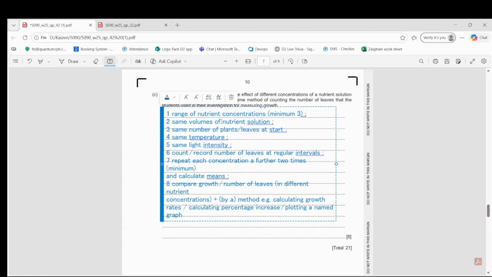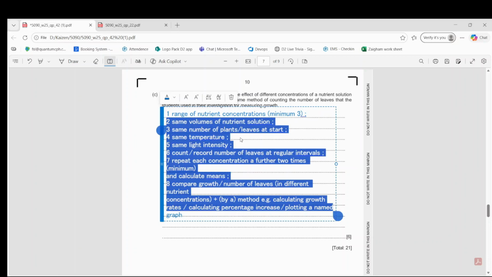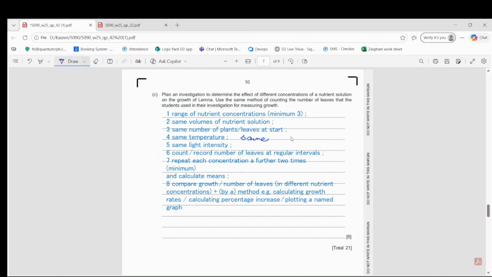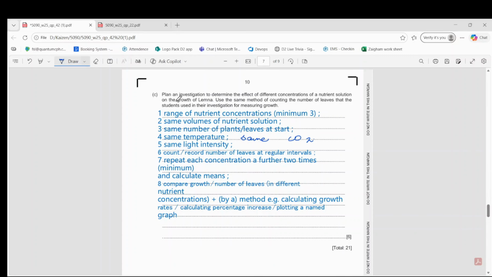So the constant variables are volume of nutrient solution, starting number of leaves, same temperature, same light intensity, even same carbon dioxide concentration. You can write here same carbon dioxide concentration. Okay, and then how do we carry out the experiment? After a certain number of days, or each day, we calculate the number of leaves in different nutrients, and then we can plot a graph.